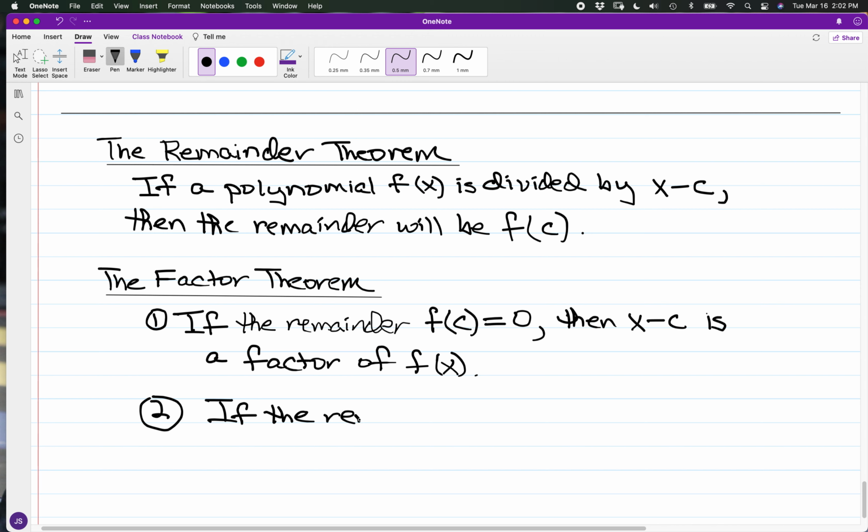And if the remainder f of c, however, does not equal 0, then x minus c is not a factor of f of x.